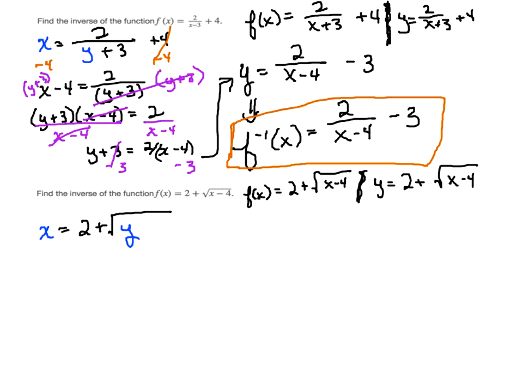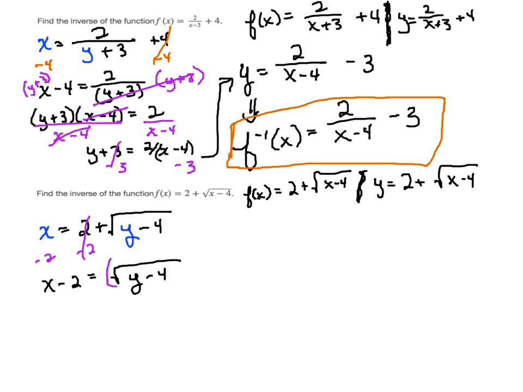x equals 2 plus the square root of y minus 4. Okay, so I need to subtract 2 from both sides. And that gives me x minus 2 equals the square root of y minus 4.